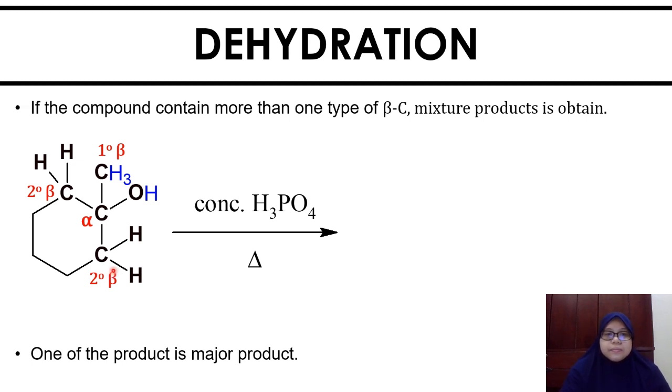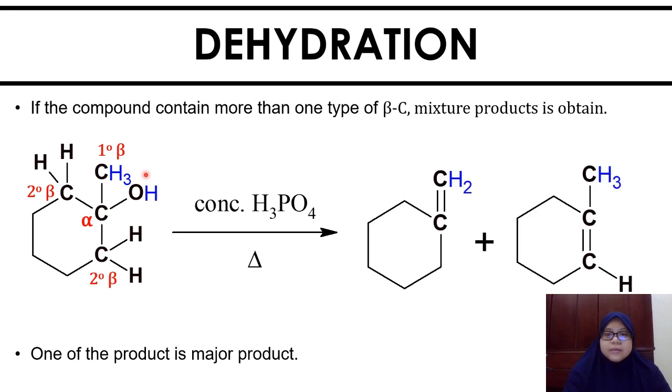So we will remove OH from the alpha carbon, and the hydrogen we will remove either from the secondary carbon or from the primary carbon, forming this alkene. The alkene on the left side is produced when we remove the hydrogen from the primary beta carbon, so you will get a double bond between this carbon and this carbon.